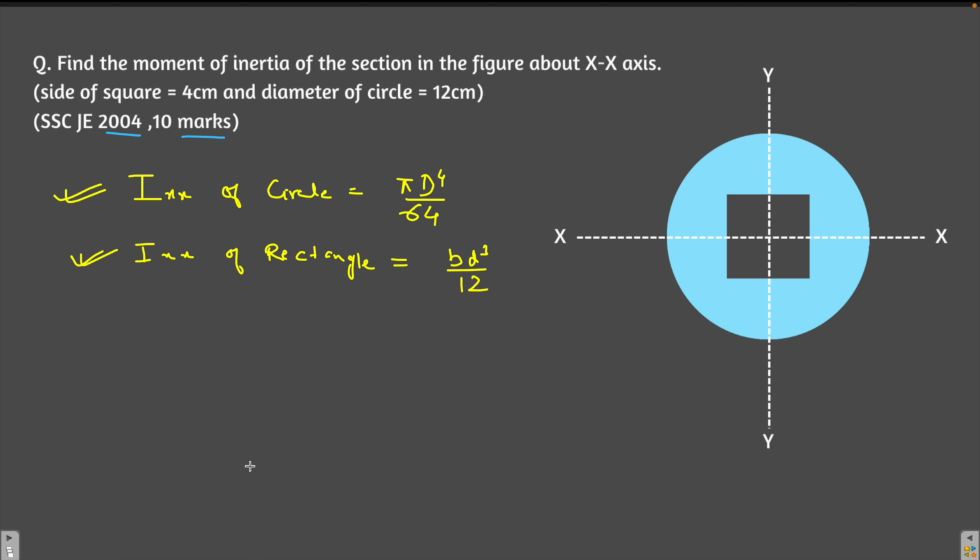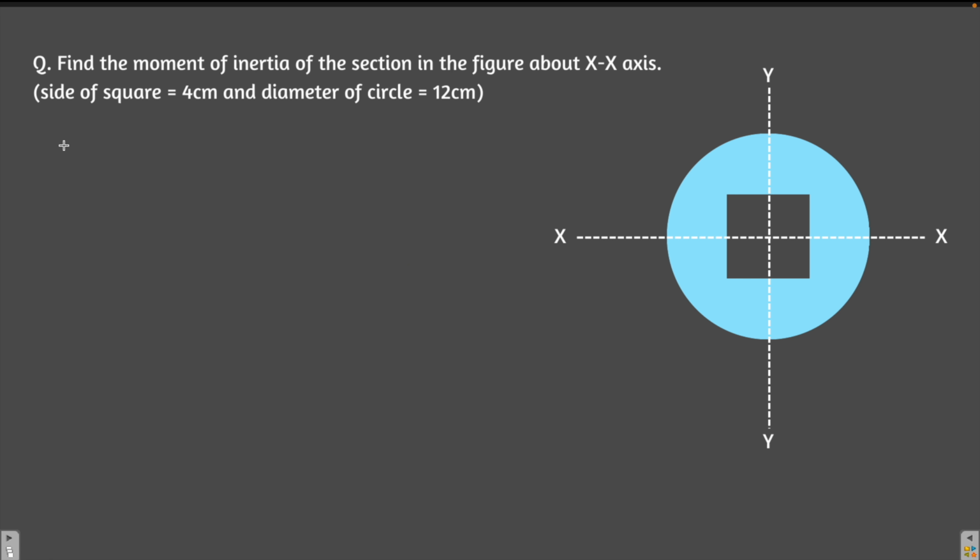Now let's proceed. What else is given in the question? It is given that the side of the square is 4 centimeter and the diameter of the circle is 12 centimeter. So let's first calculate the moment of inertia of the circle. For the circle, moment of inertia about the x-axis is pi d to the power 4 by 64.